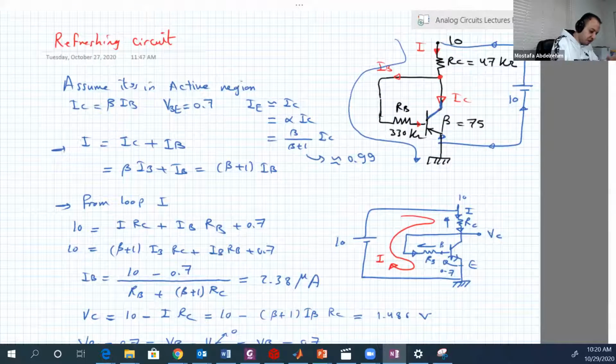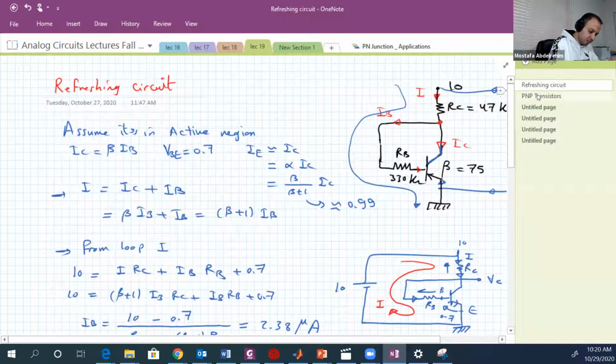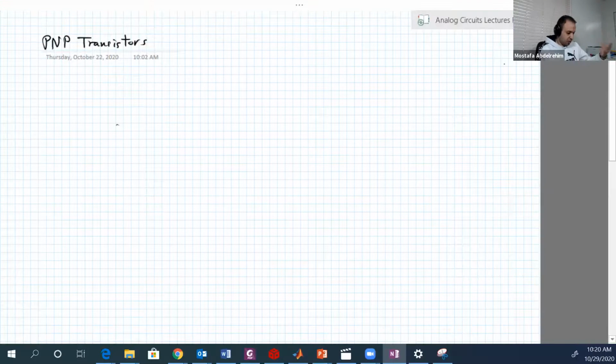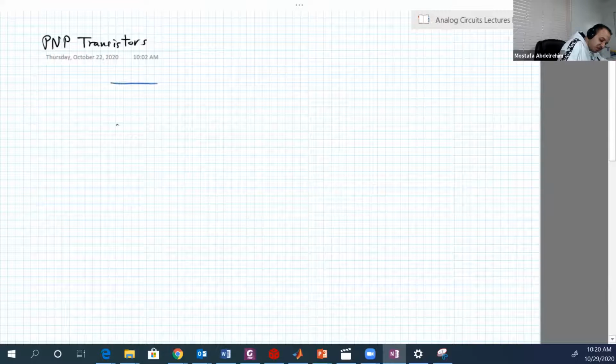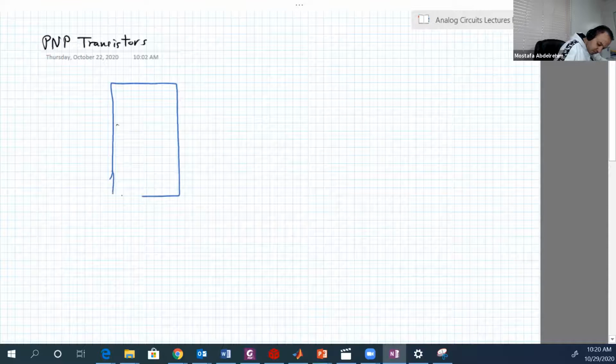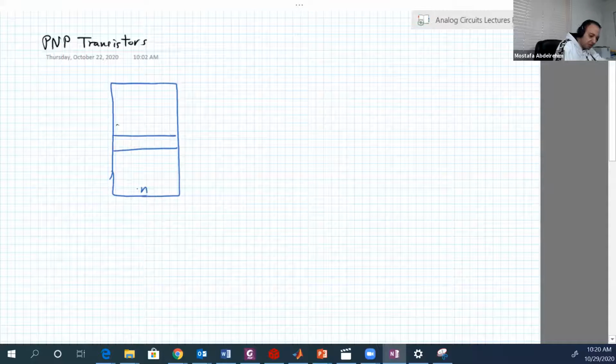So this is just a refresh of what we have taken so far, especially last lecture and the lecture before, which is NPN transistor analysis. The transistor that we studied is called NPN so far, in which you have N type silicon, then P type silicon, then N type silicon.